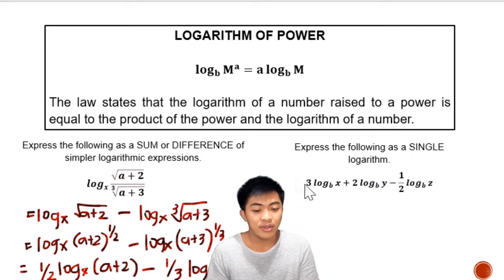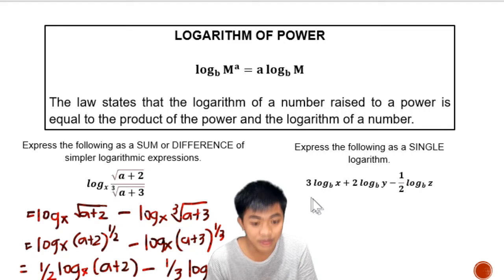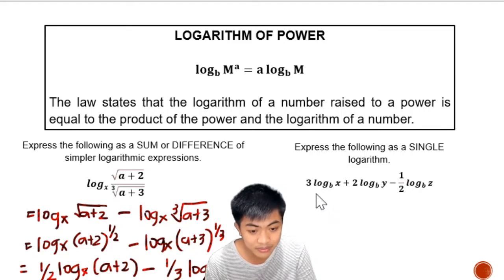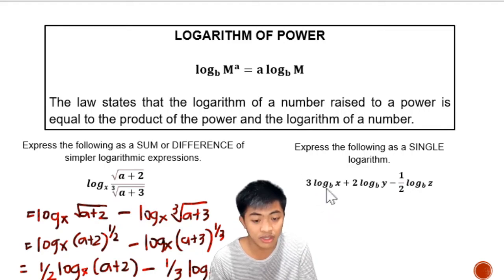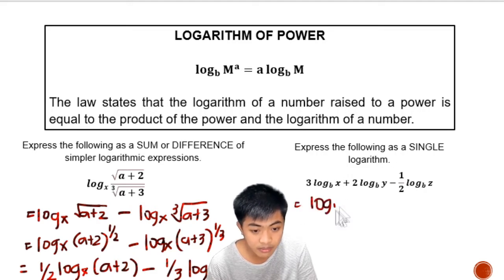So now we do the reverse process here. Since the bases are the same, we can just combine them together. Here we have a number before the log expression that will become the exponent of the argument. The argument is x, so we're going to raise it to 3. Okay, so we took that and placed it as the exponent of the argument.